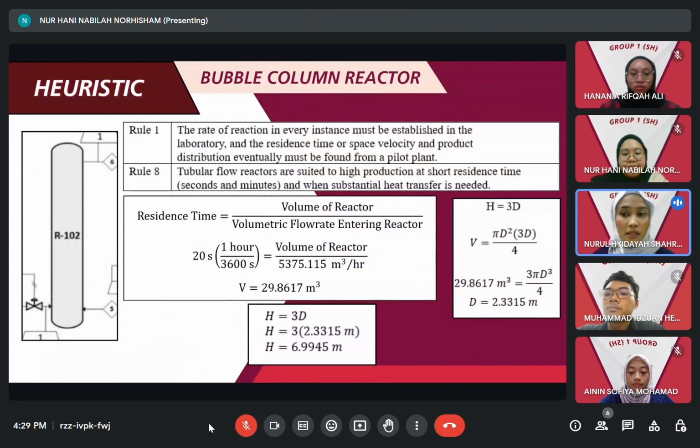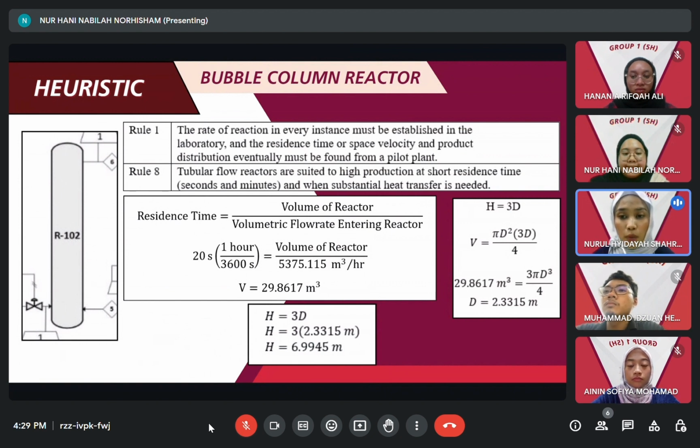Next, the major process in this production is the oxidator, where the process that occurs is a gas-liquid phase process. Therefore, we use the bubble column reactor. Based on the heuristic from table 11.17, we use two rules, rule number 1 and rule number 8.